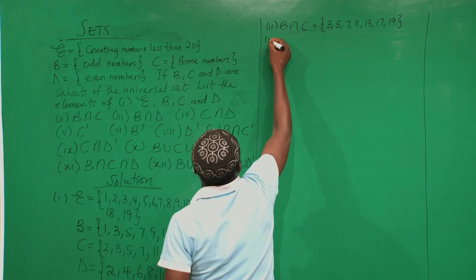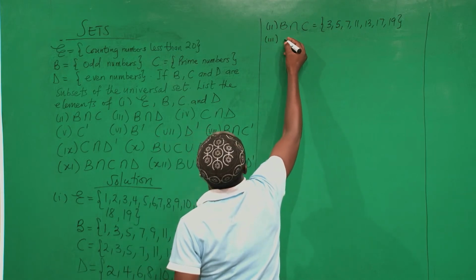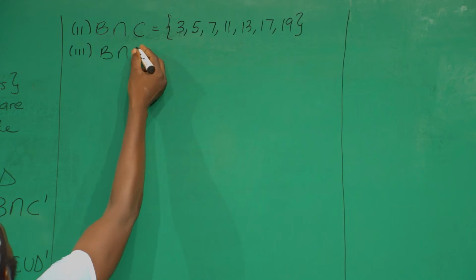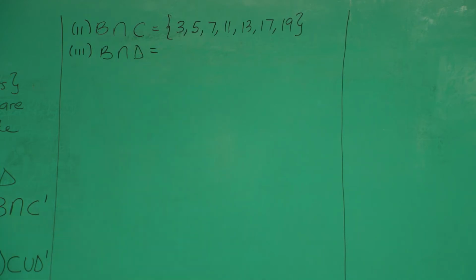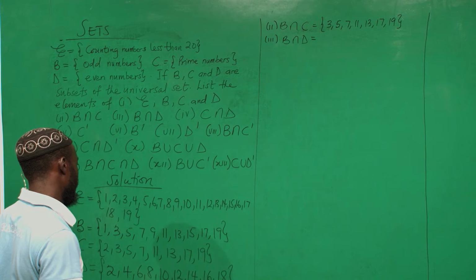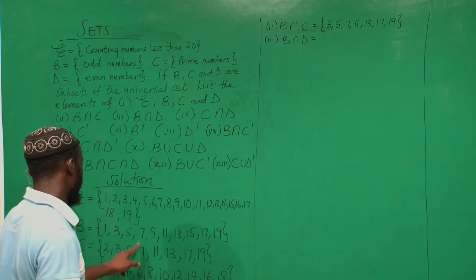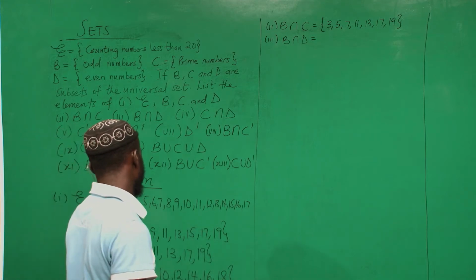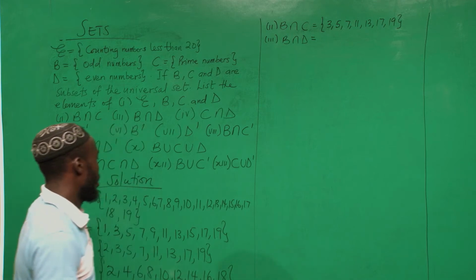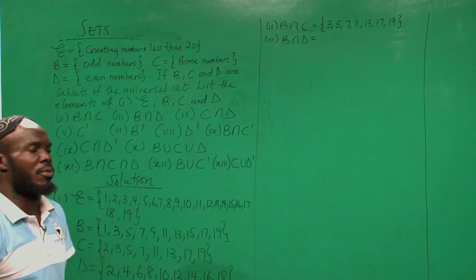Then III also said B intersection D. What is common in B and D? 2, it's not there. 4. Looking at this, there are no members which are common.